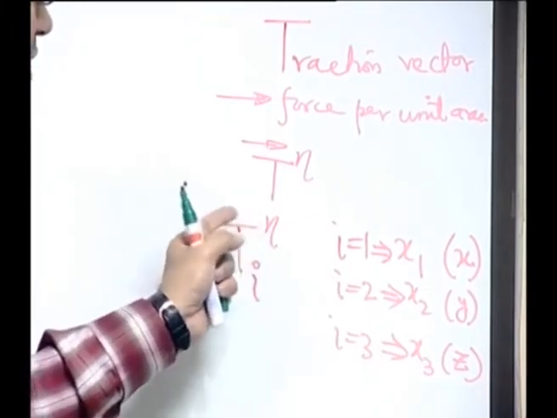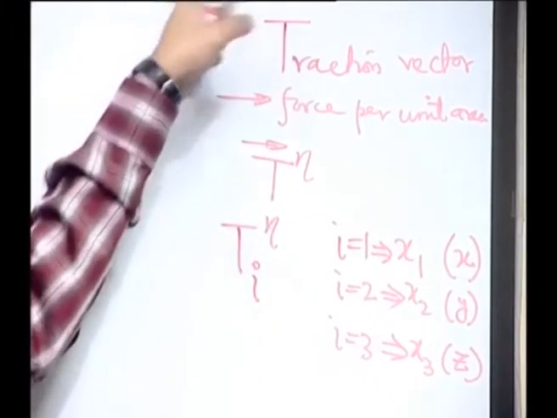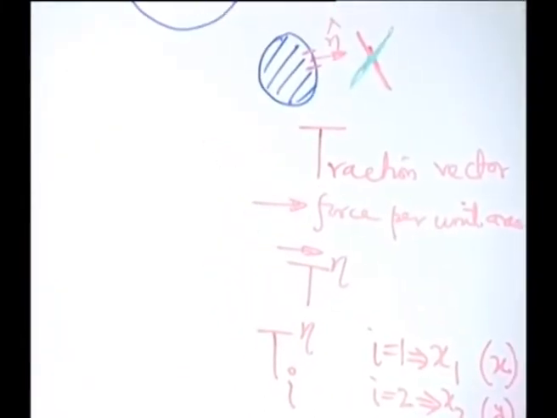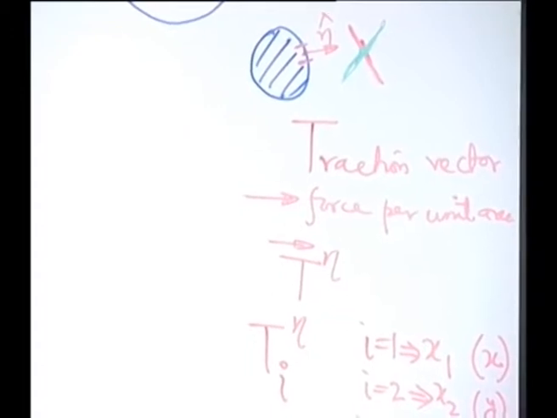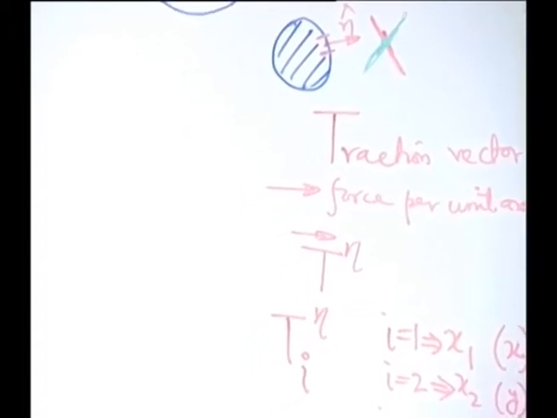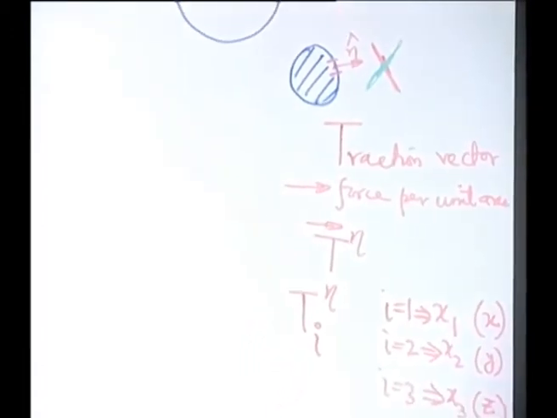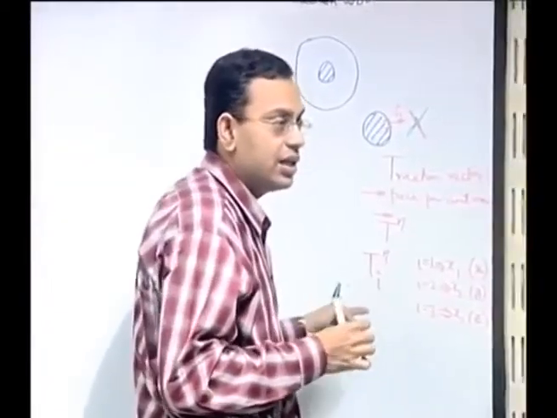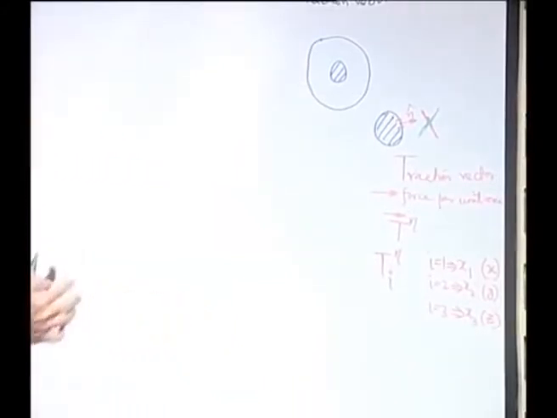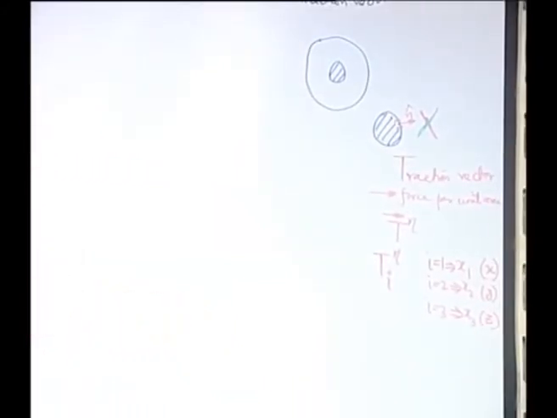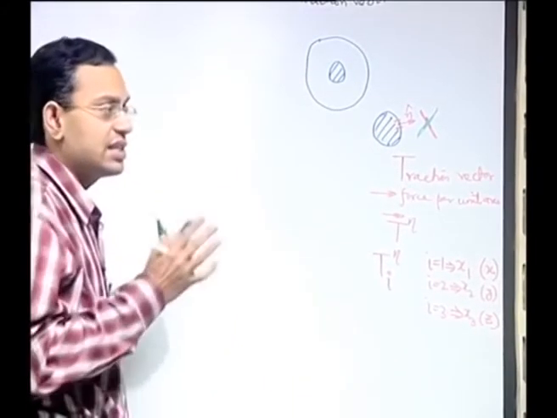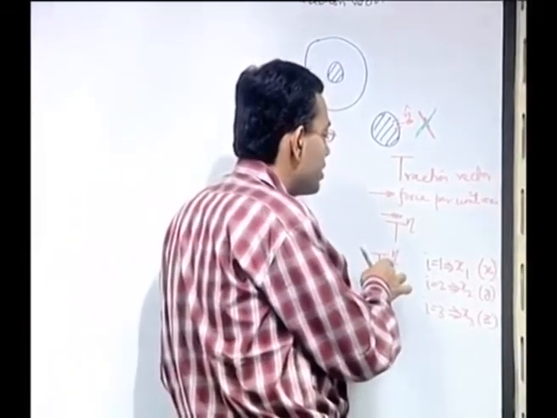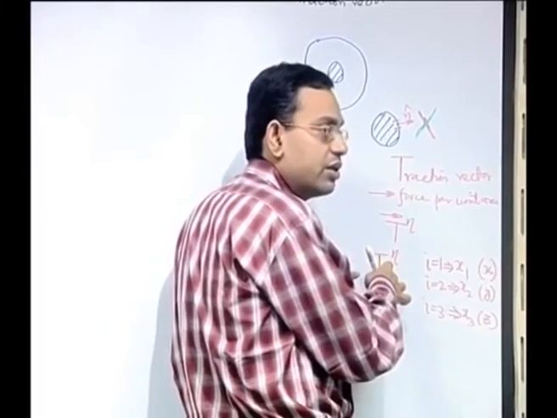Now this traction vector is used for any arbitrary surface, for any arbitrary orientation of the area. It is important to see what happens when this arbitrary orientation coincides with either x1, x2 or x3, because that standardizes the traction vector in terms of the orientation of the surface.